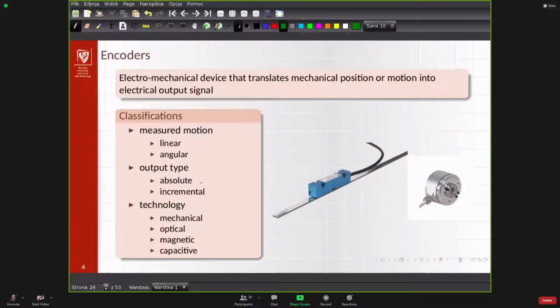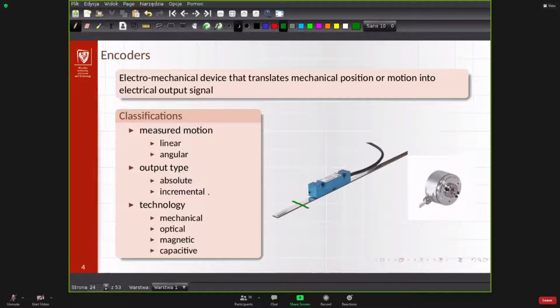The absolute measurement means that wherever you are, you just know the exact position. So let's say that each part of this has a certain code, and when we are at that point, we make a measurement and we know exactly that we are at this point.